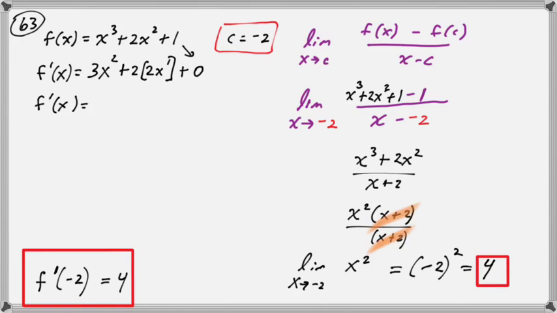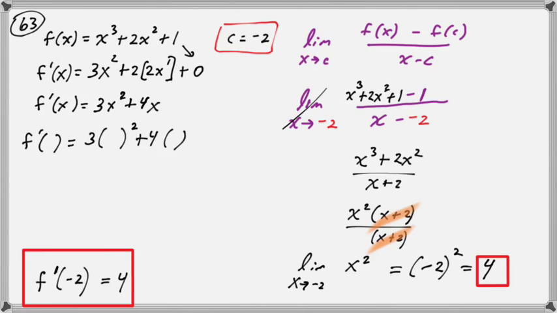So anyway, I get the derivative to be 3x squared plus 4x. I want f prime of what? I believe I was finding f prime of negative 2. So what does this become? 12 minus 8, or 4.